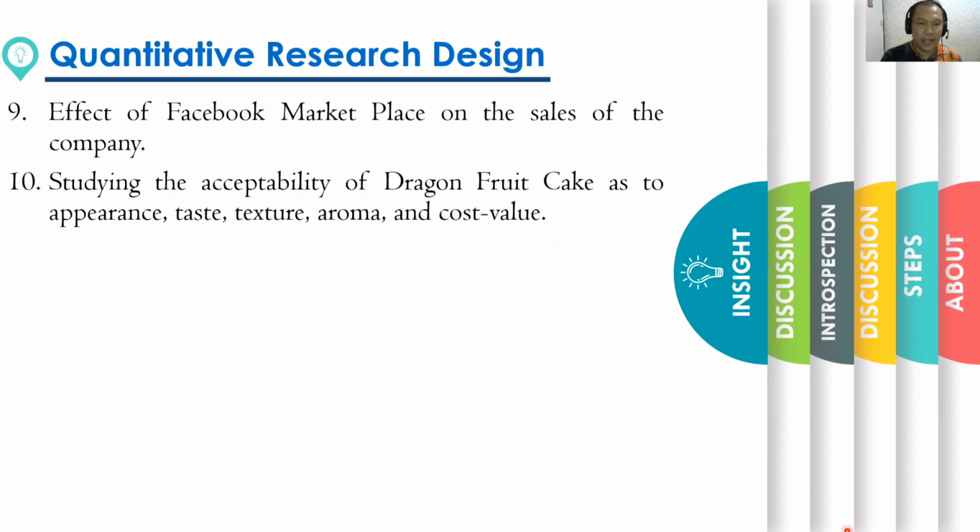Number 9, effect of Facebook Marketplace on the sales of the company. And last one, number 10, studying the acceptability of dragon fruit cake as to appearance, taste, texture, aroma, and cost value.